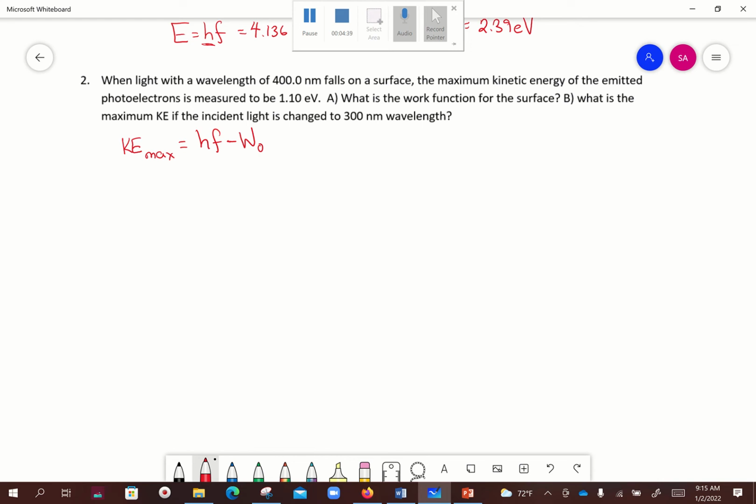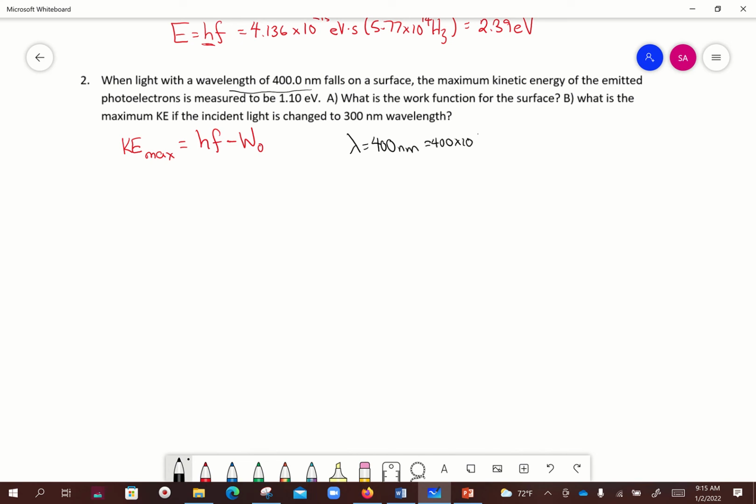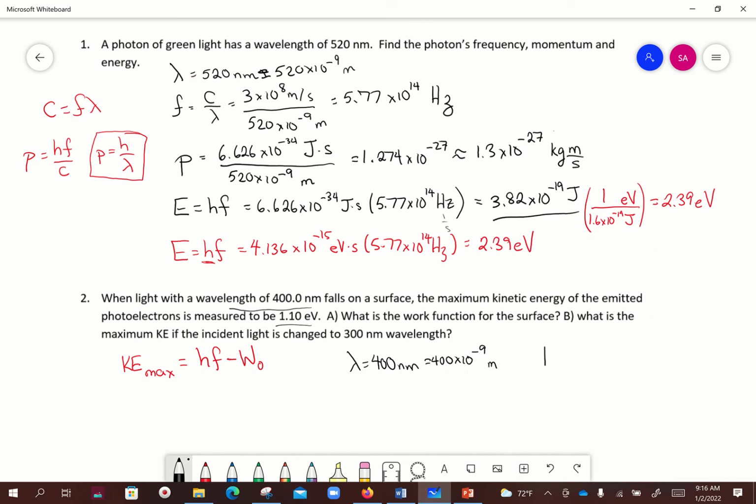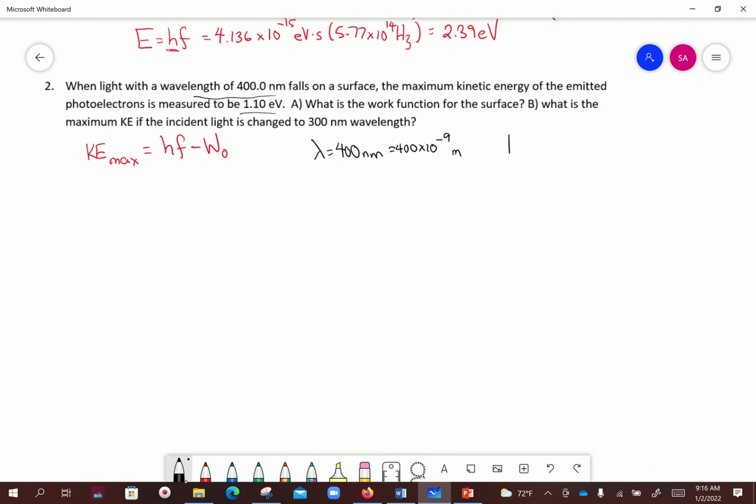We're told in this problem that the light has a wavelength of 400 nanometers, so 400 times 10 to the minus 9 meters. And the maximum kinetic energy, KE max, equals 1.1 eV.